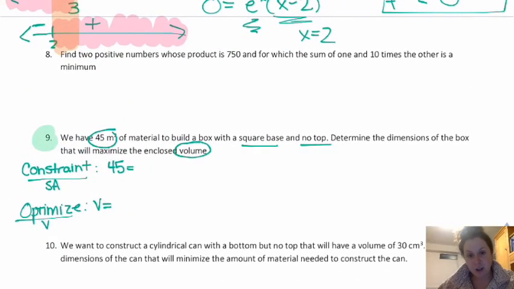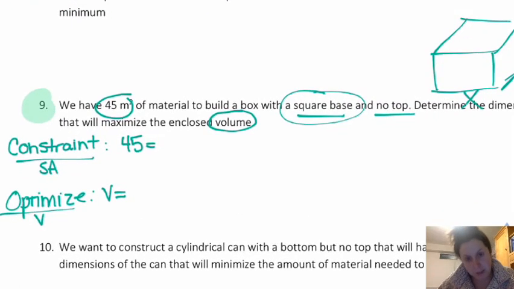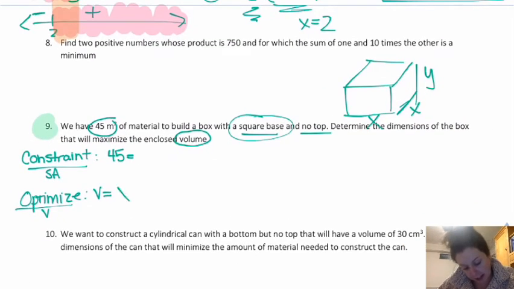I'm going to draw myself a picture up here. They tell me that this is a box, and it has a square base, so I'm going to call that X and X, and no top. I don't know anything about the height, so I'll just call that Y. So the volume is going to be area of the base times the height, so X squared Y.